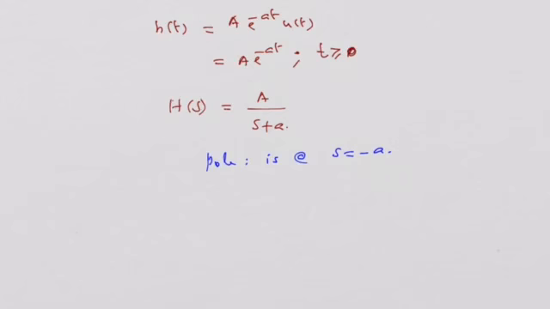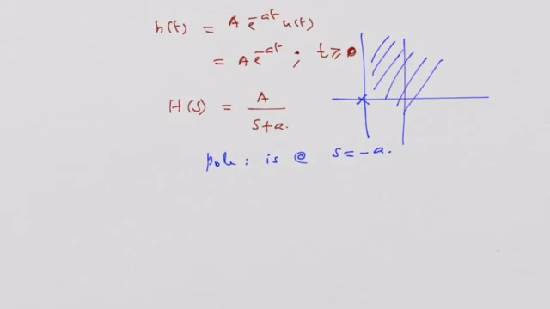So if you take the RoC, the pole is at s is equal to minus a. The RoC is shaded and shown like this on the S plane.